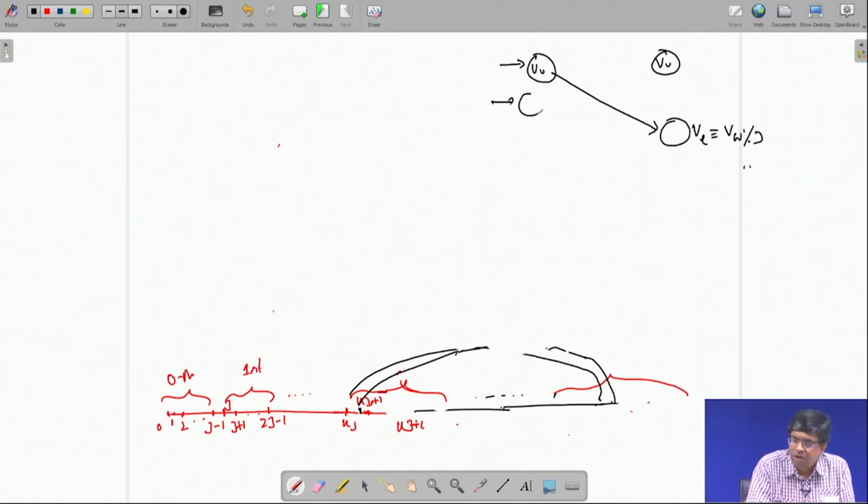Then if you go to the next one, Kj plus 1, it is U1 that is processing, and the output will be going to the same system cycle, under the same umbrella. So the number of system cycle delays will be the same. Here the system cycle delay, suppose, is M, which is nothing but W by J, with I as 0.